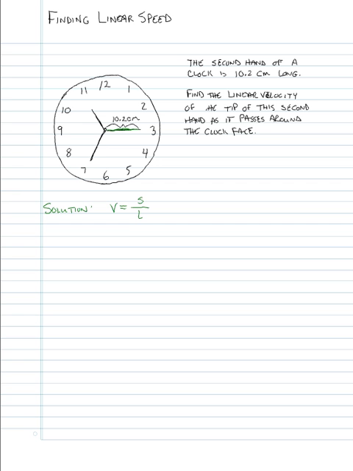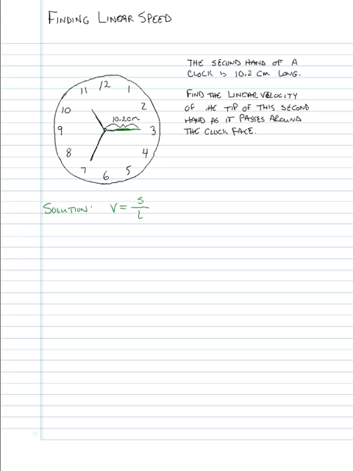Now, one thing that we could do here is imagine we know how long it takes that second hand to travel all the way around. That's 60 seconds, isn't it? 60 seconds, 1 minute.